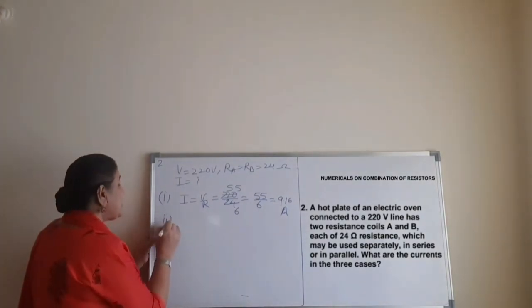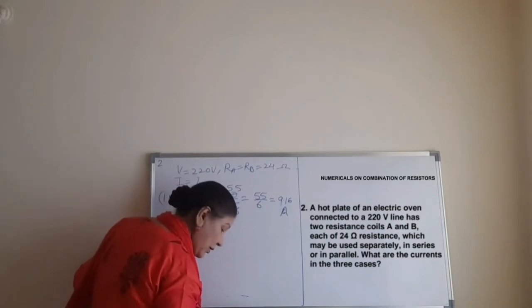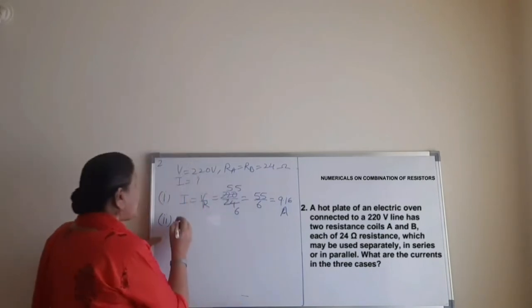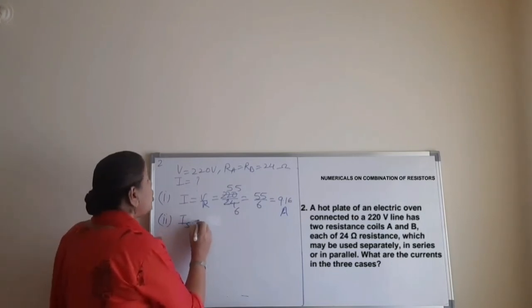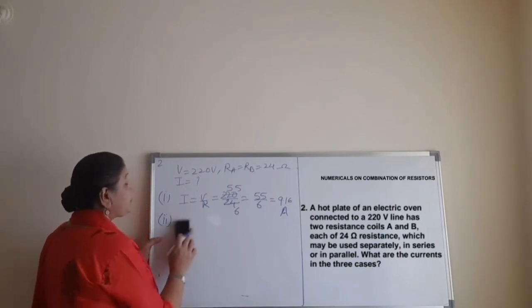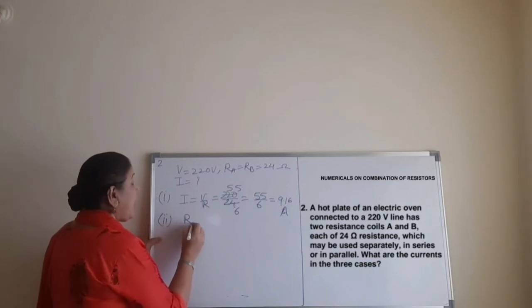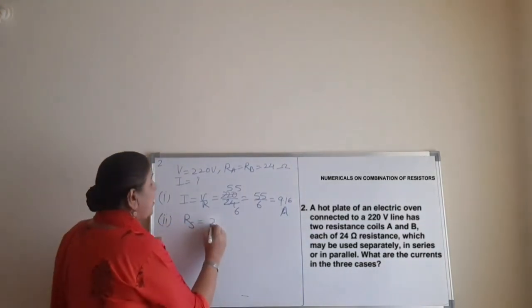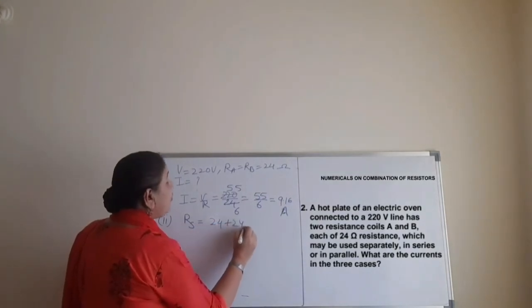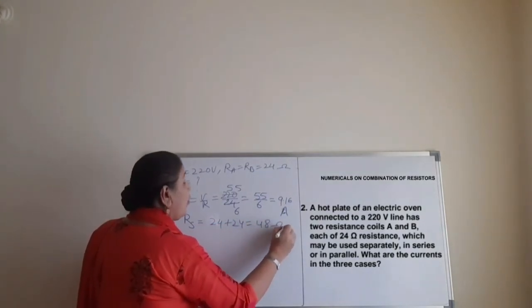In the second case it's given in series. So I'll write, in series, when they were connected in series. So what will be the R? The net resistance when they are connected in series will be 24 plus 24, that is 48 ohm.